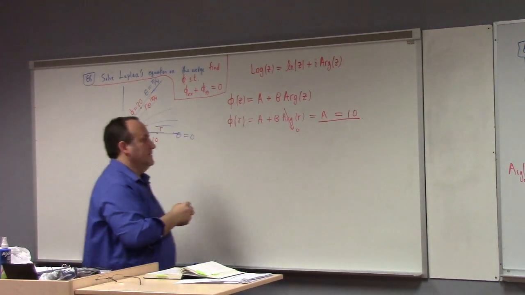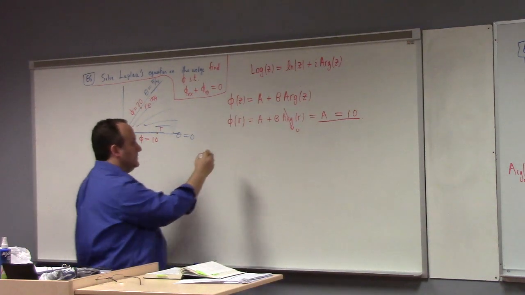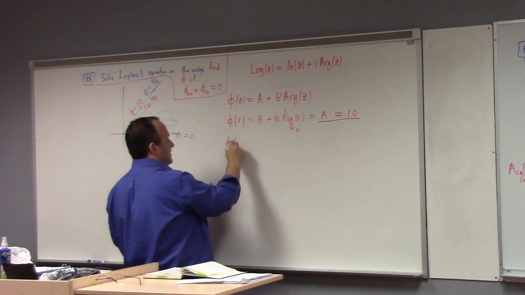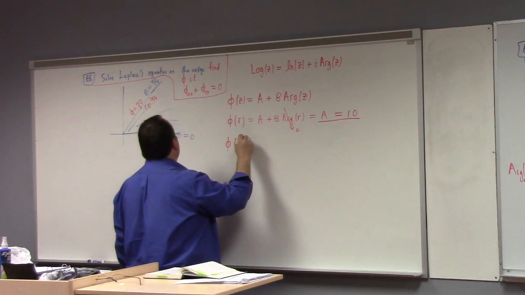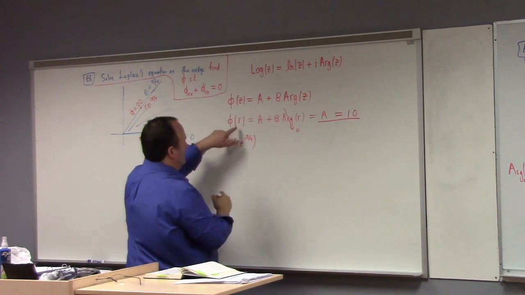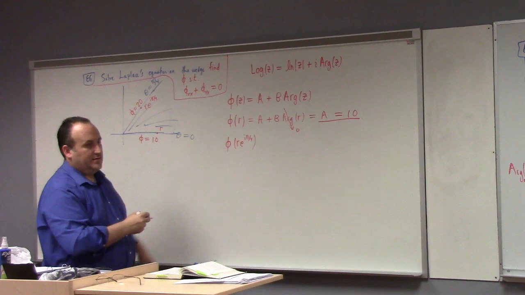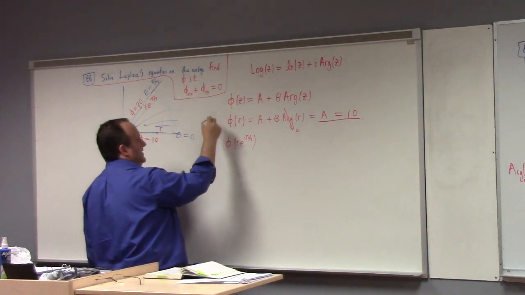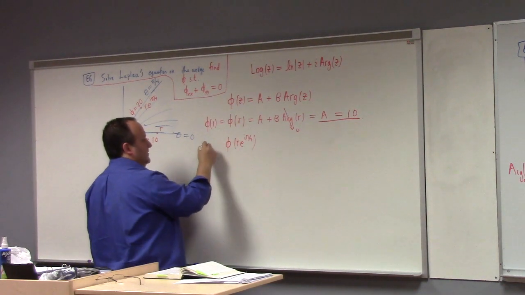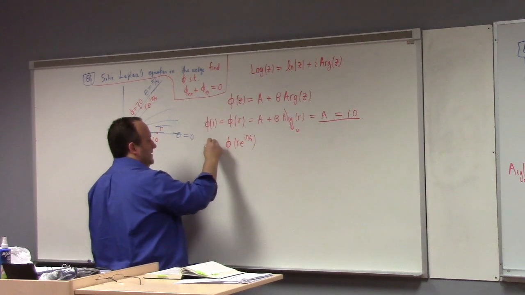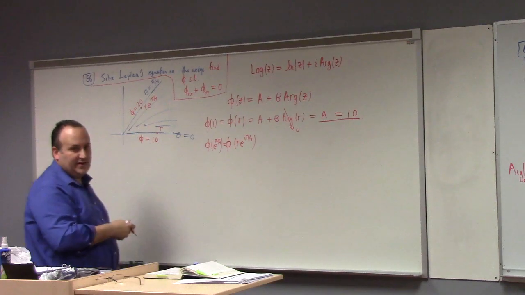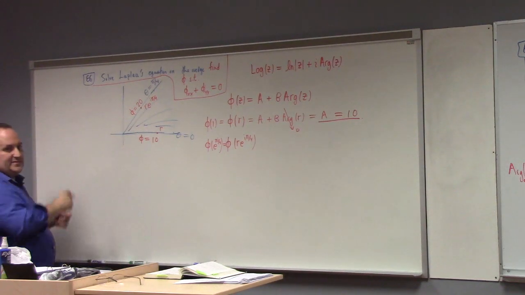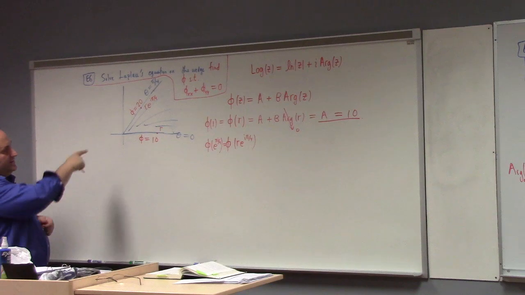Hooray! All right, great. And also, phi of anything on this ray, and you don't have to do an arbitrary point, you could just feed this 1. If you don't like R, you could just put 1 in here, and you could just put e to the pi i over 4 in here if you prefer not to mess with the R. I'm just saying an arbitrary point on the ray has to map to 20 up there.